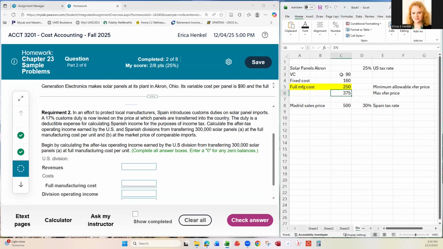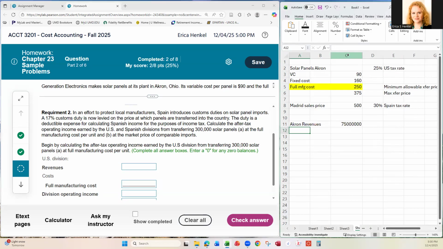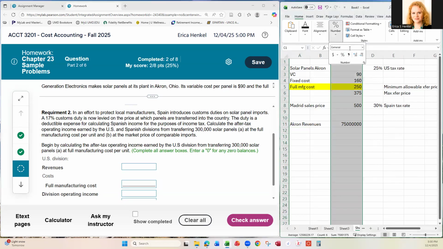Okay, so if we do this at cost, and it's going to be 300,000 panels, the Akron revenues are going to be the $250 cost times the 300,000 units. Let's make that wider so we can see that, and let's add in commas.